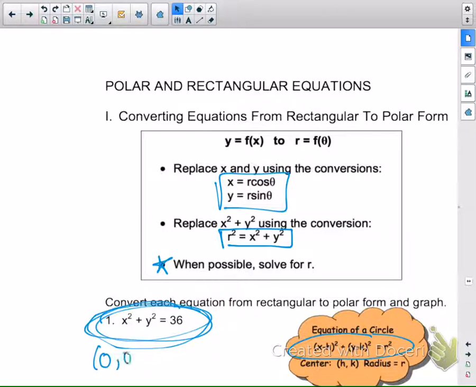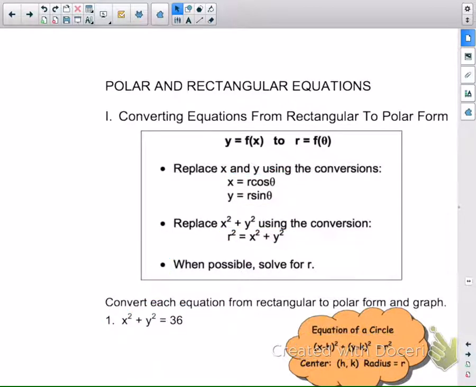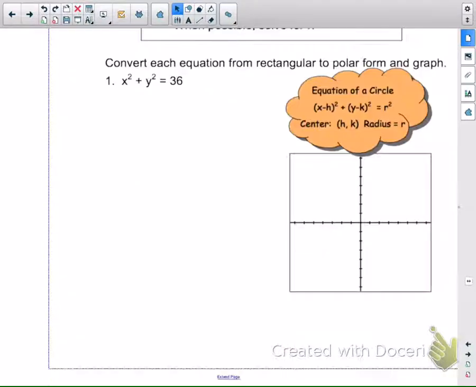So that's going to be 0, 0 with a radius of what? The radius will be what? 6. All right, so if I was to graph that, look at your graph down here. All we had to do to graph that was put your center at 0, 0 and go out 6 on every side to draw a circle with radius 6.